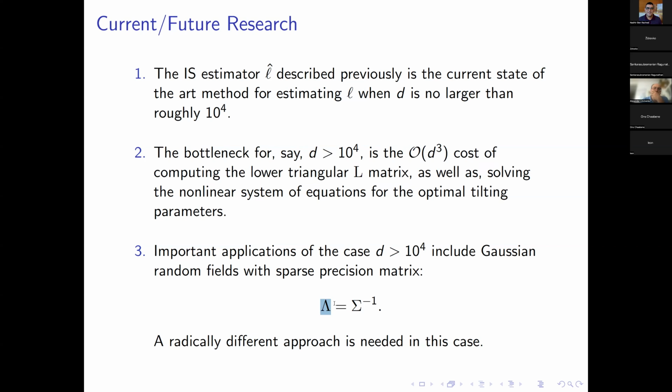For example, you can use fast Fourier transform to compute matrix vector products very quickly. Any structure that allows you to compute matrix vector products quickly can be exploited in this algorithm, because the algorithm only needs matrix vector products, nothing else. So what is the algorithm?